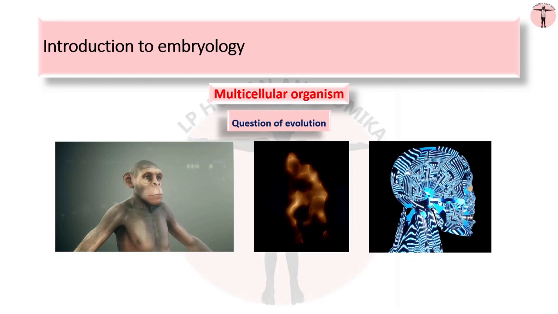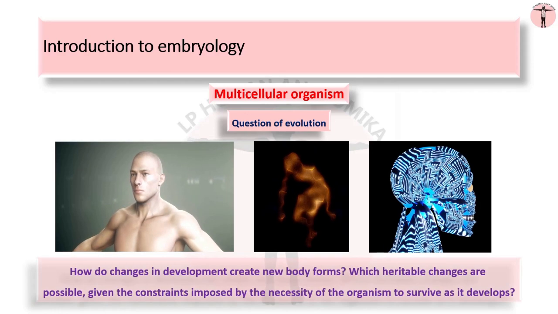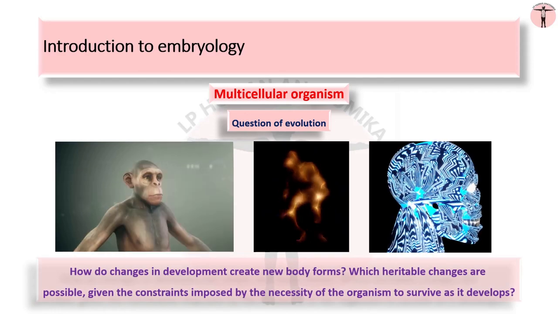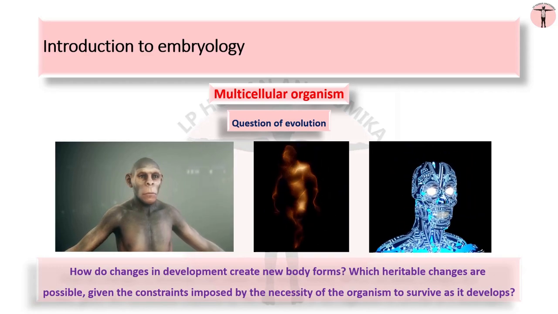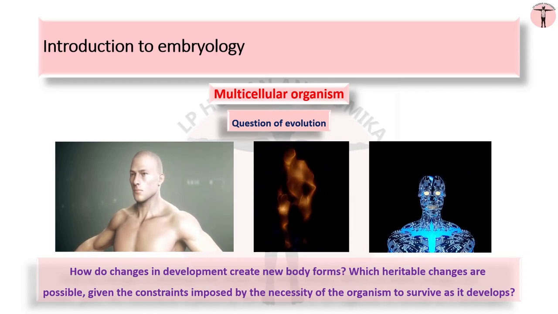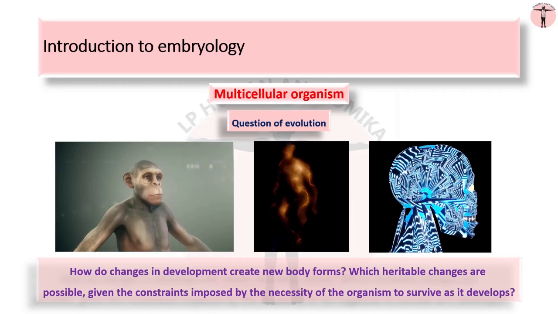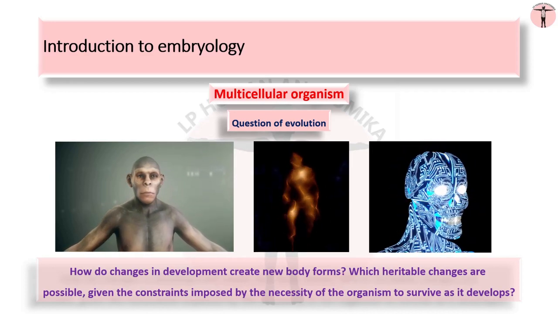The next thing is the question of evolution. Evolution involves inherited changes in development. When we say that today's human being is erect and called Homo sapiens, we are saying that changes in the development of cartilage and muscles occurred over many generations in the embryos of the human ancestors.